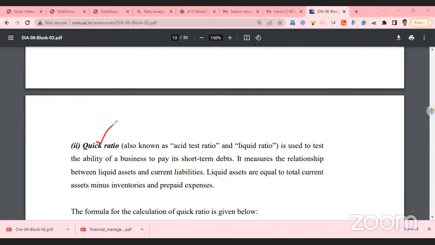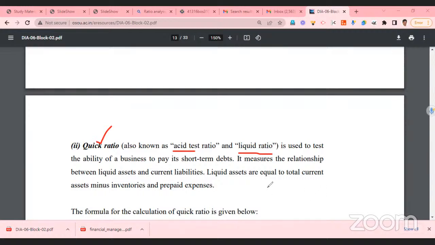The quick ratio is also called the acid test ratio or liquid ratio. Instead of asking for the quick ratio, they may say calculate the acid test ratio.